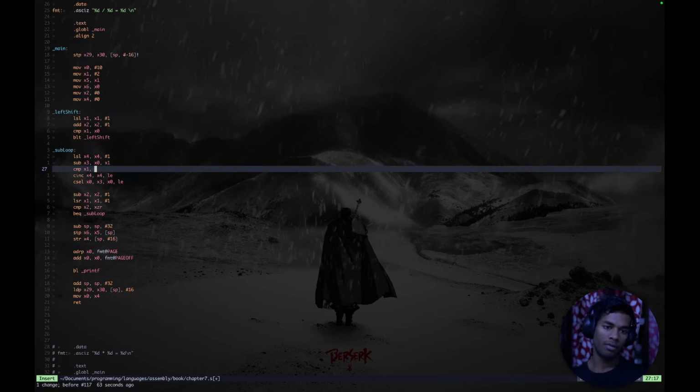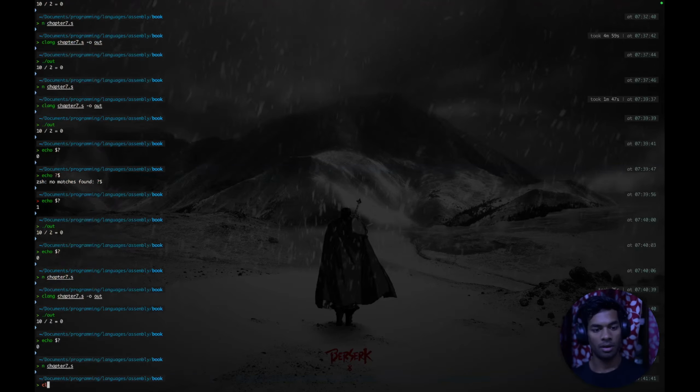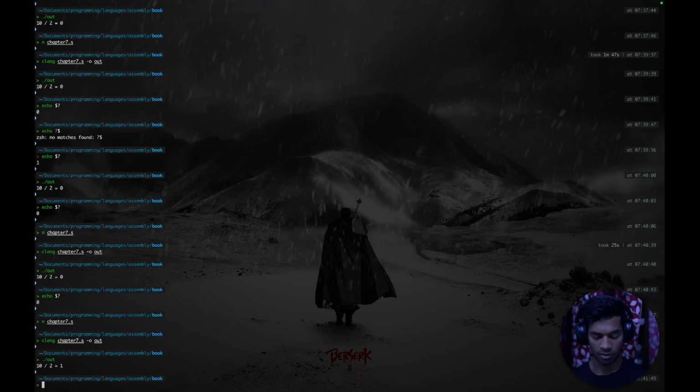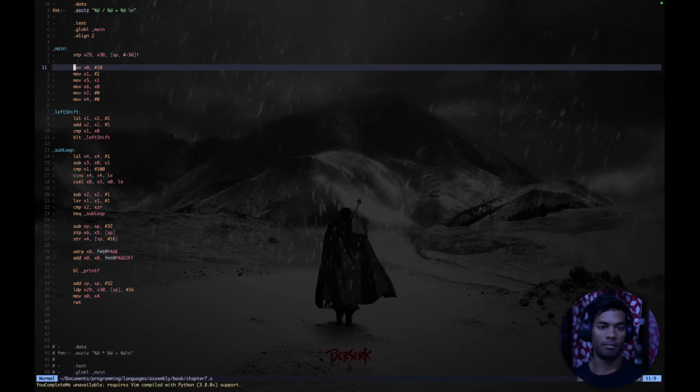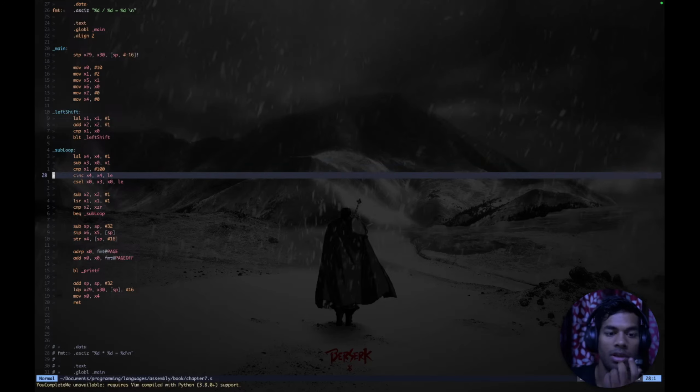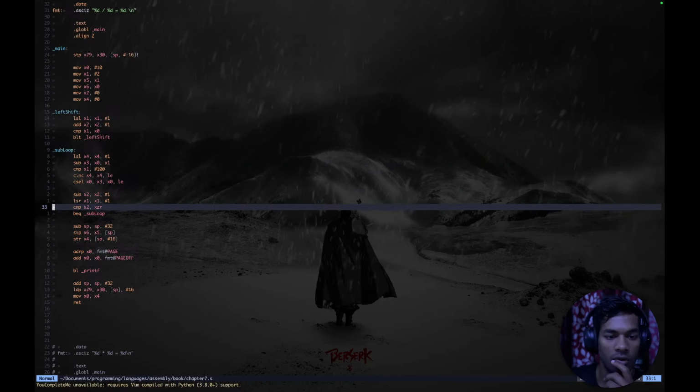Instead of comparing it with zero, I can compare the contents with 100, which is a guarantee that it will be smaller. Then I should see at least something. Yes, I see 1. But why do I see only 1? Is this loop running only once?